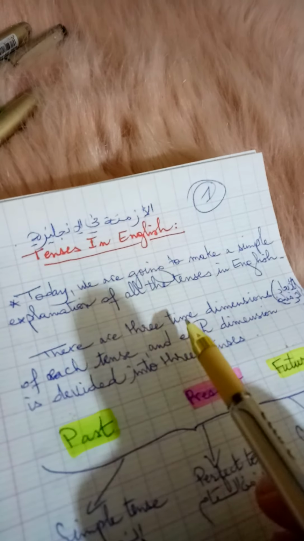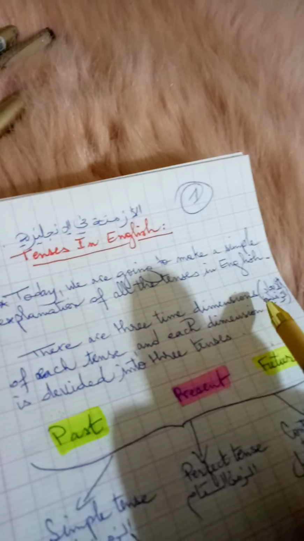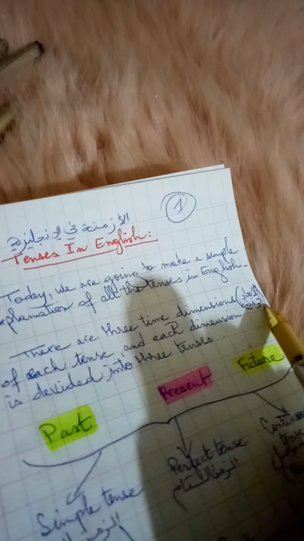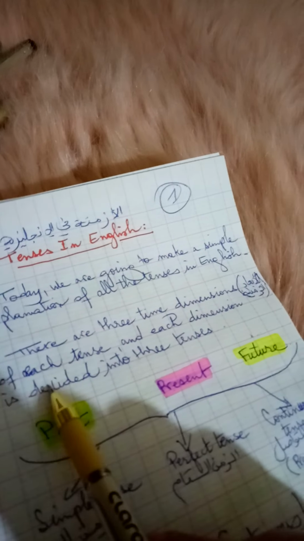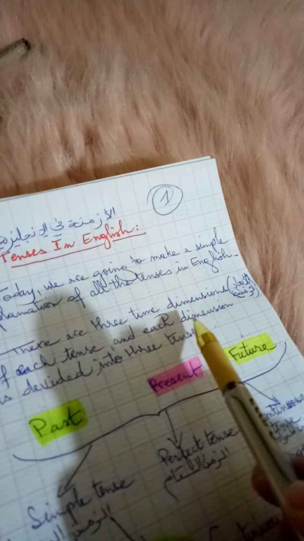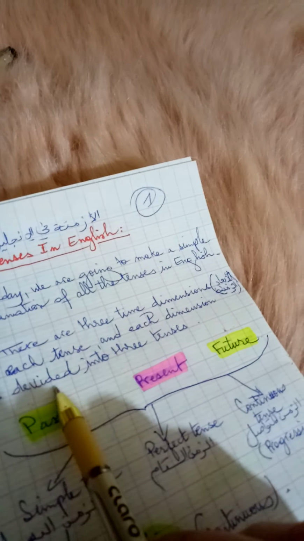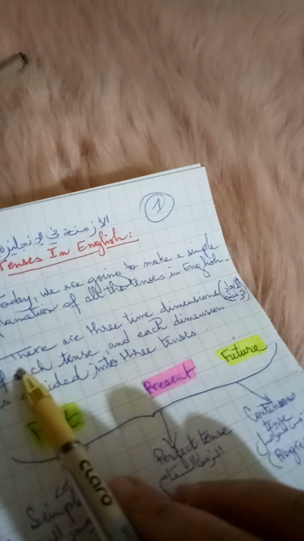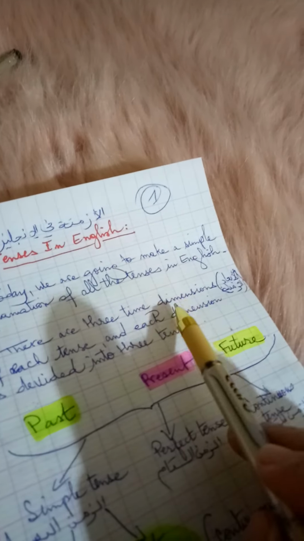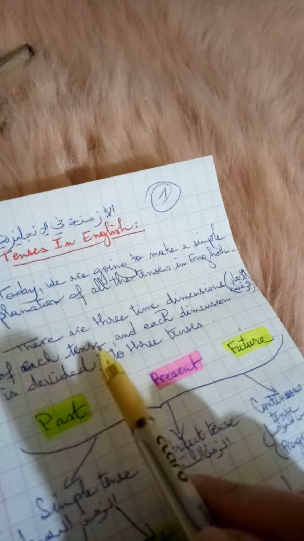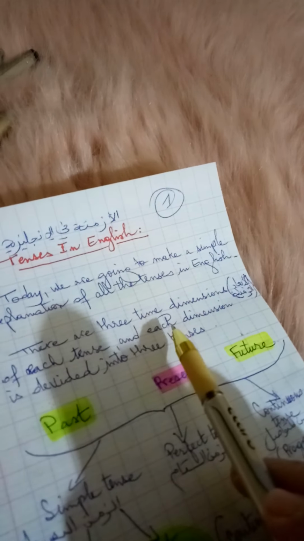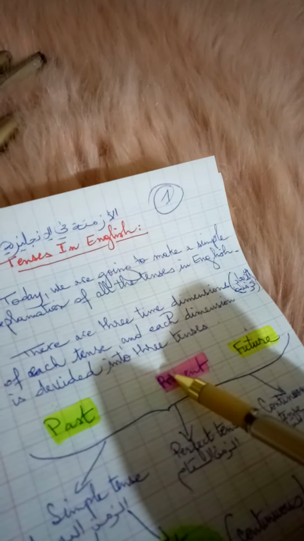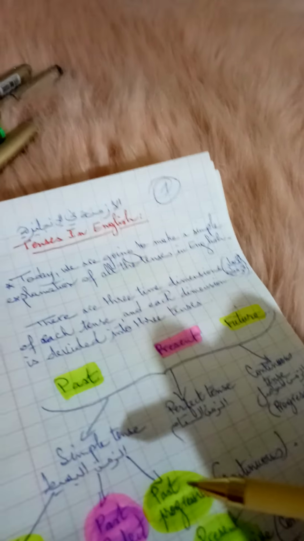So there are 3 time dimensions اللي هي الأبعاد الزمنية. As we know, for each tense and each dimension is divided into 3 tenses. يعني كل الأزمنة تنقسم إلى 3 أبعاد وكل زمن فيه الديمونسيون تنقسم إلى 3 أزمنة أخرى. يعني كل جزء راح ينقسم إلى أجزاء.